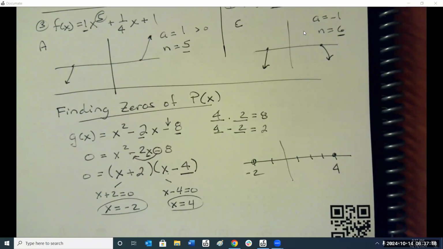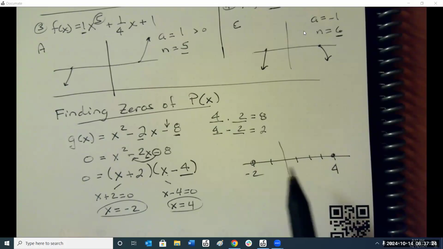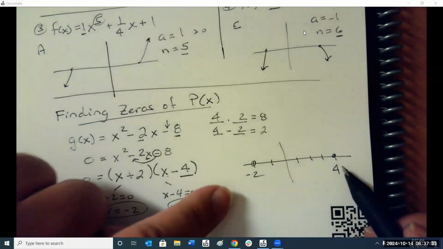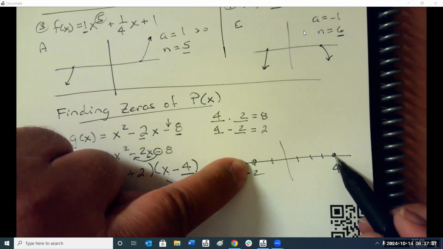Okay, now what does that have to do with anything? Well, because it's a quadratic equation, we know that there has to be a vertex with an axis of symmetry, and it's always the midpoint between the intercepts.